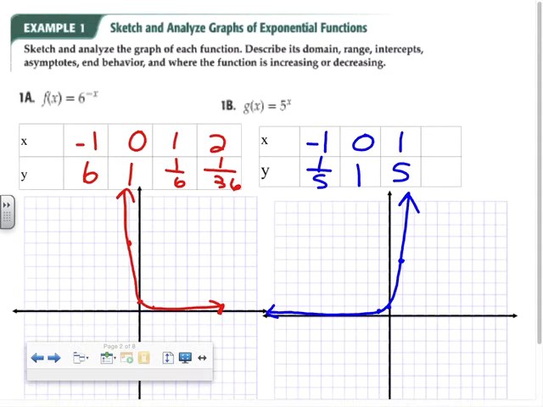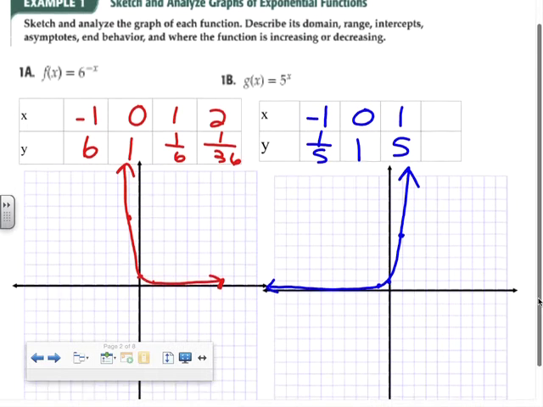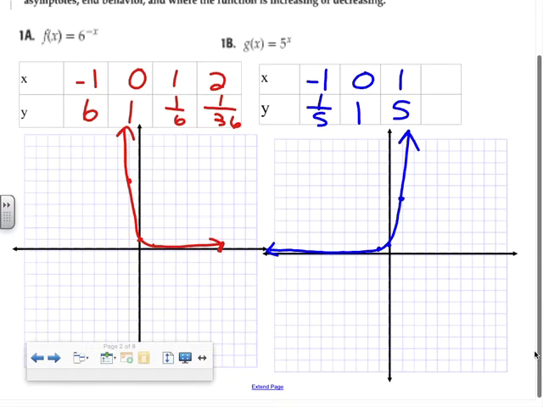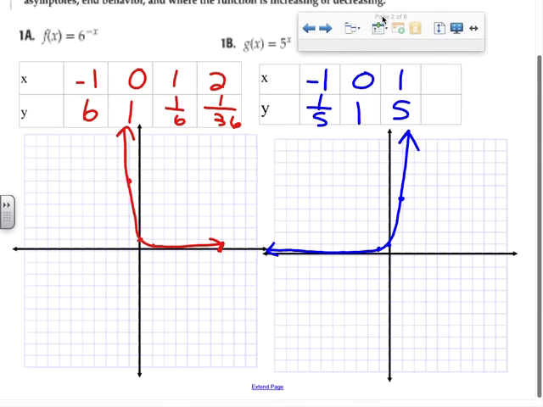So once we sketch the graph, it's asking us to describe all these properties of it. So my domain for this graph is all real numbers, so -infinity to +infinity.